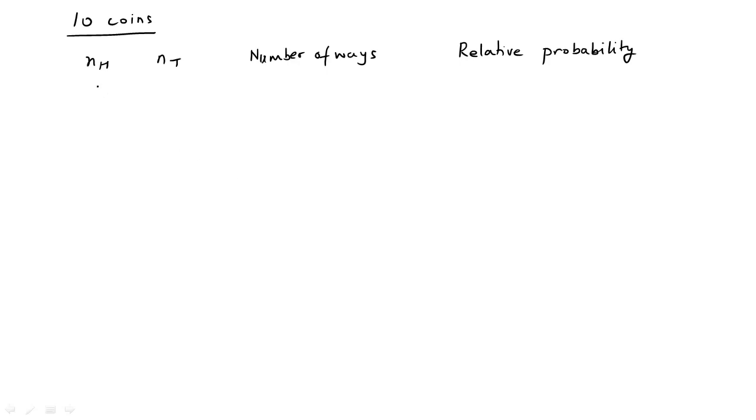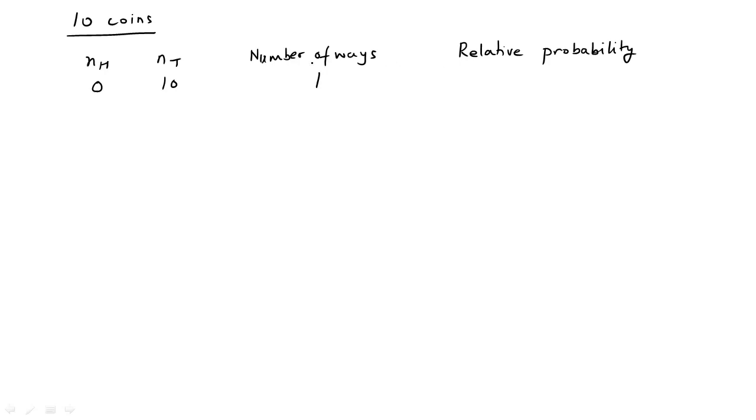One distribution is when we have 0 heads and all 10 tails, and the number of ways this can happen is just 1. That is, all the coins have to be tails. The probability of this distribution can be calculated by dividing this 1 by the total number of ways, and then further, the relative probability can be obtained by dividing this probability by the probability of the most probable distribution.